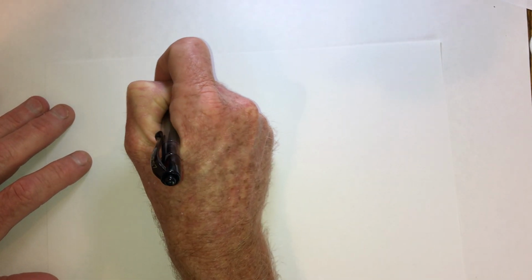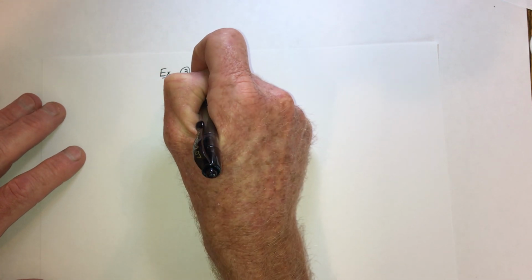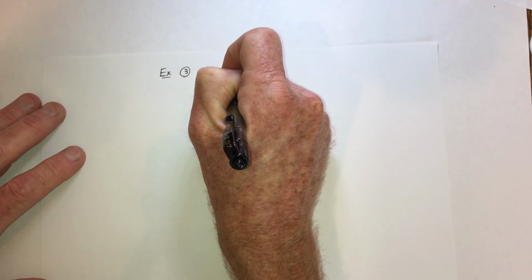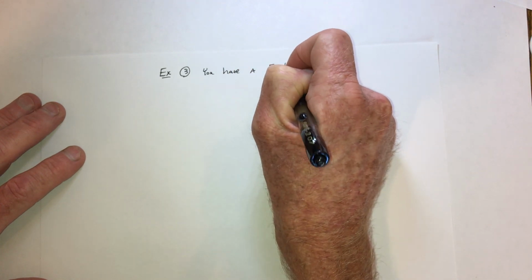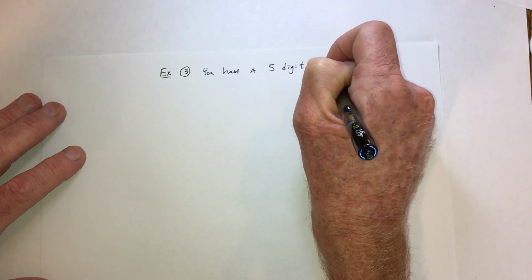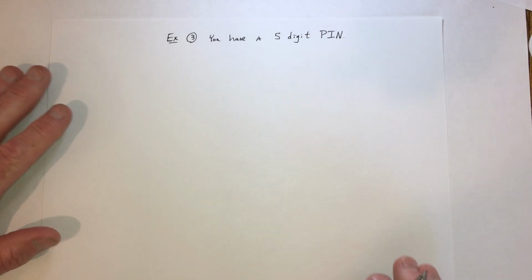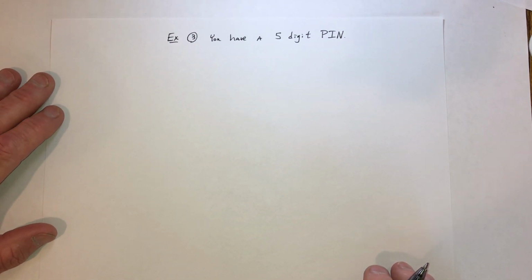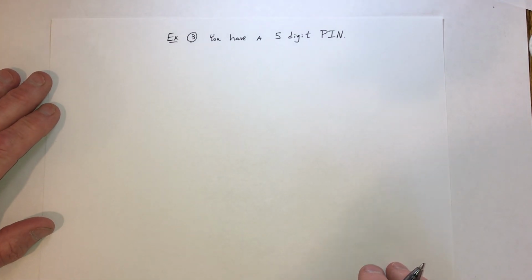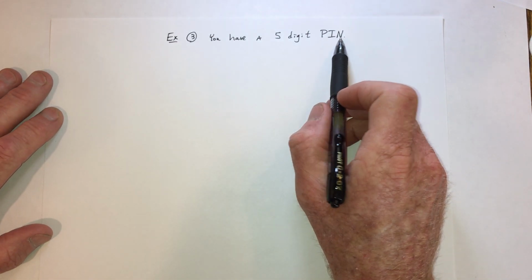For example, number 3. Suppose at the ATM or when you log into some website, they are so secure that they require a 5-digit random PIN, personal identification number.